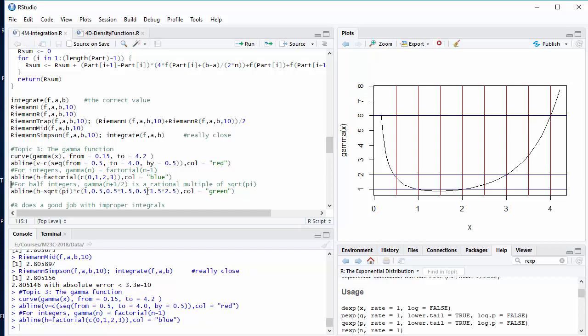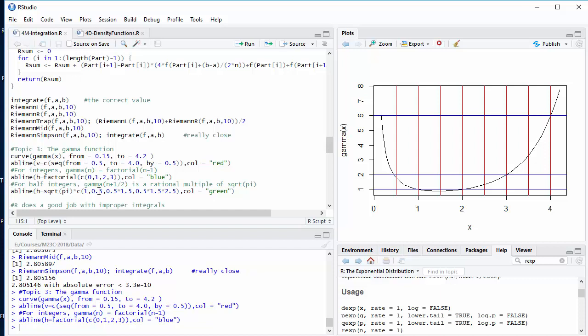For half integers, there's a proof in the lecture that gamma evaluated at a half integer is the square root of pi times a rational number. So what I do is take the square root of pi. That's exactly right for gamma of 1/2.